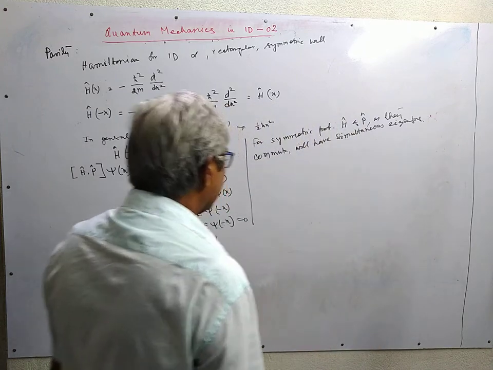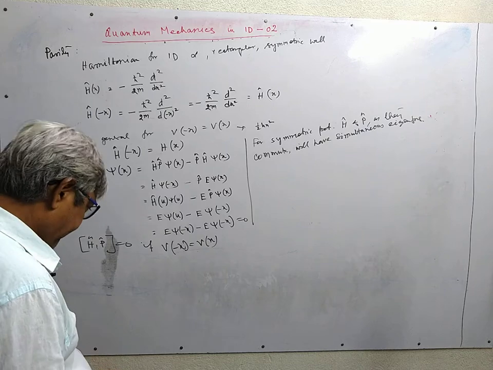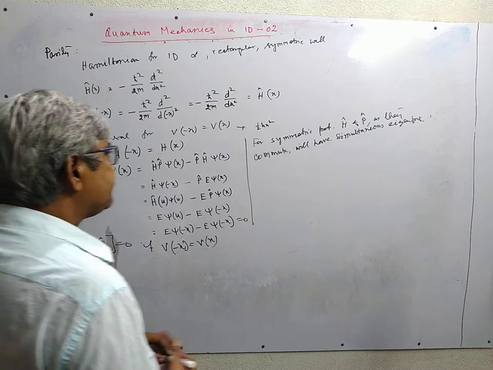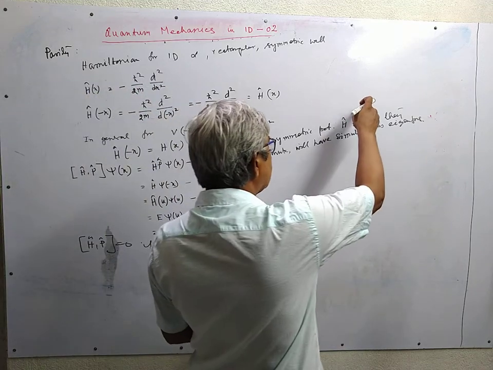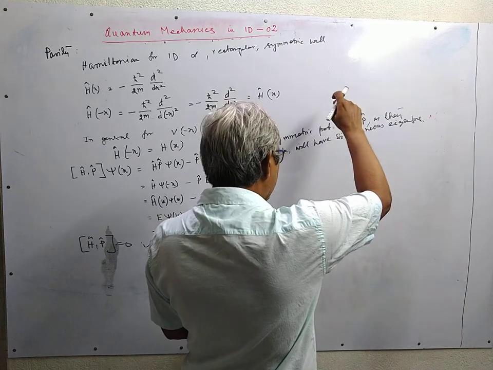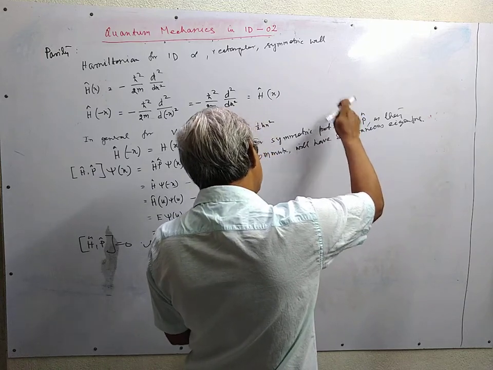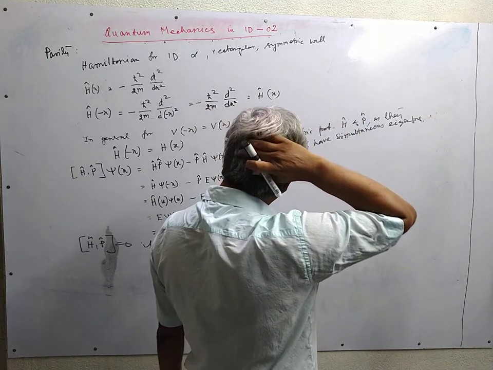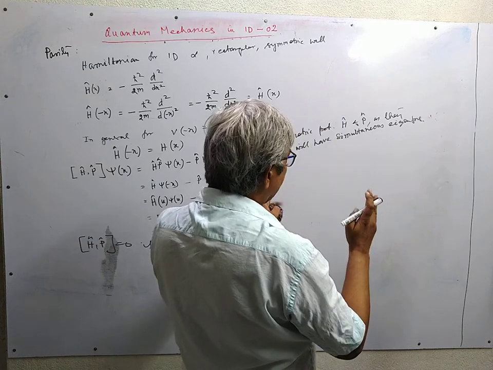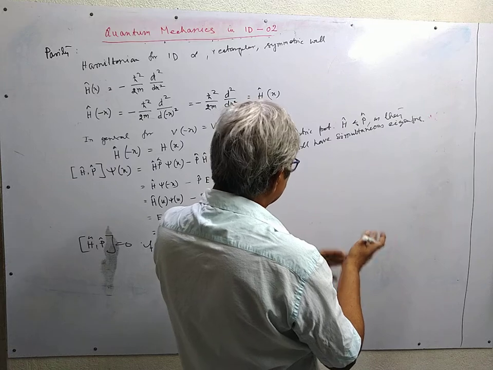That means an eigenfunction of H will also be an eigenfunction of P, and vice versa. The eigenfunction of P is either an even parity solution or an odd parity solution. And we found that the solution of the Hamiltonian separates into two categories, one belonging to the even category, another to the odd category.